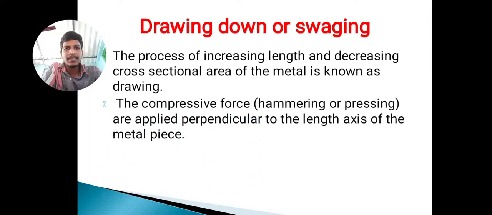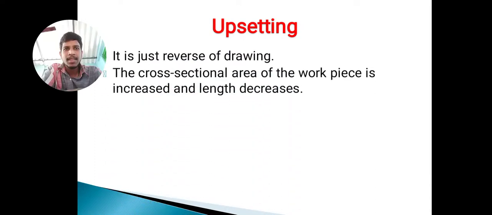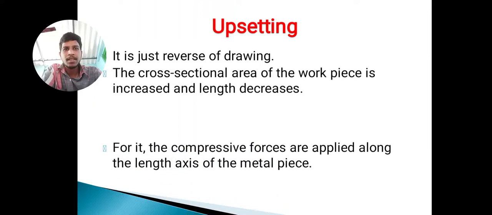Next, upsetting. It is the reverse process of drawing down or swagging. In drawing down, the cross-sectional area decreases and length increases. But in upsetting, the cross-sectional area of the workpiece increases and length decreases. That is the pure reverse process of drawing down.